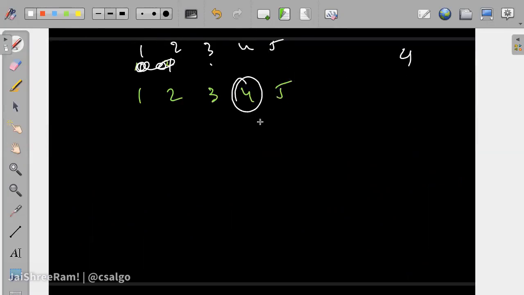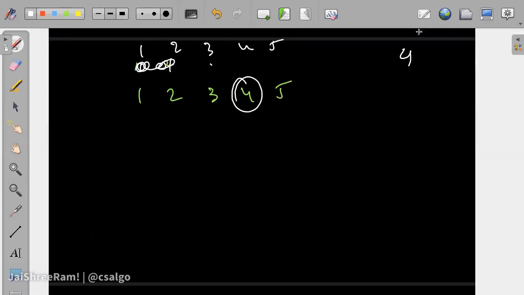So let's suppose there is an array 1, 2, 3, 4, 5. Okay, and I want to search for the, let's take one indexing only for this particular problem. Let's assume that it's 1, 2, 3, 4, 5, and we want to find the fourth element. So the fourth element in this case is 4 only.